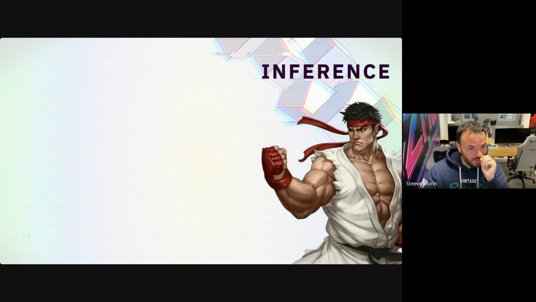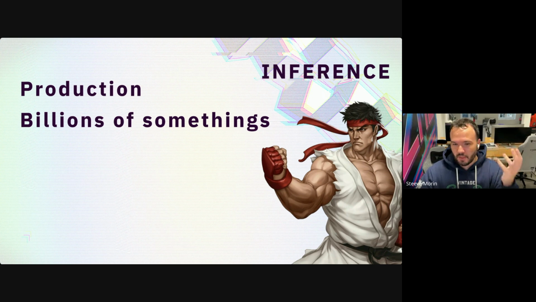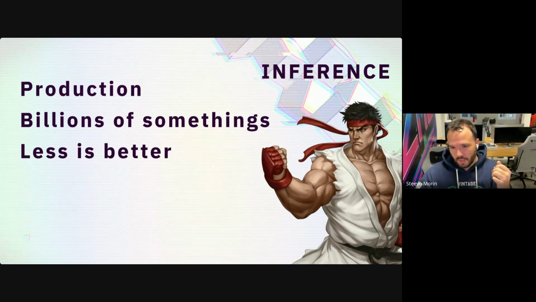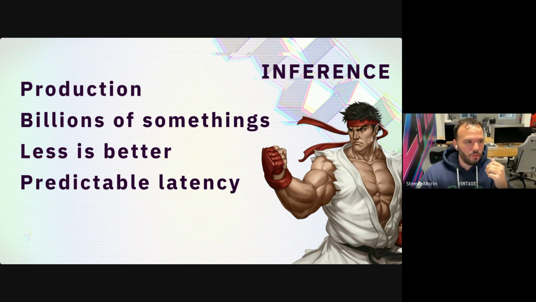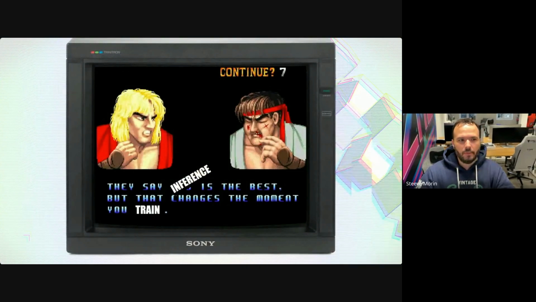But on the inference side, well, it's production. We run these things billions of times, so less is actually better. Whatever metric you want to use, we want predictable latency, and for that, Python is not so good of a choice, or it can essentially bite you.